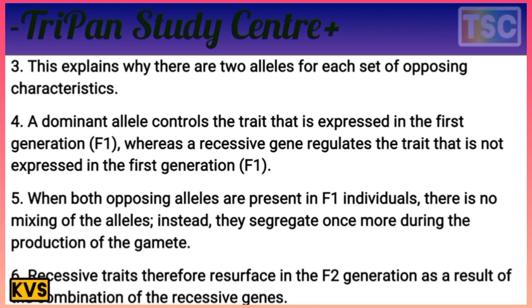When both opposing alleles are present in the F1 individual, there is no mixing of alleles. Instead, they segregate during the production of the gametes.